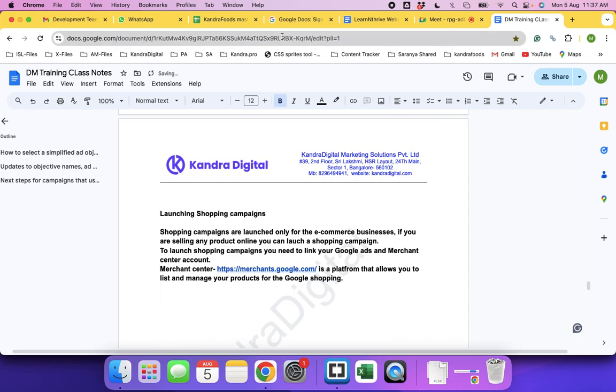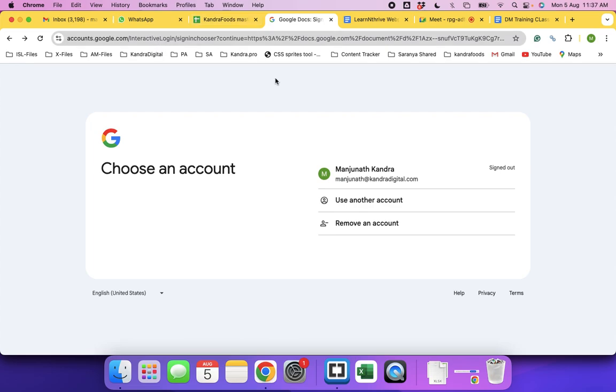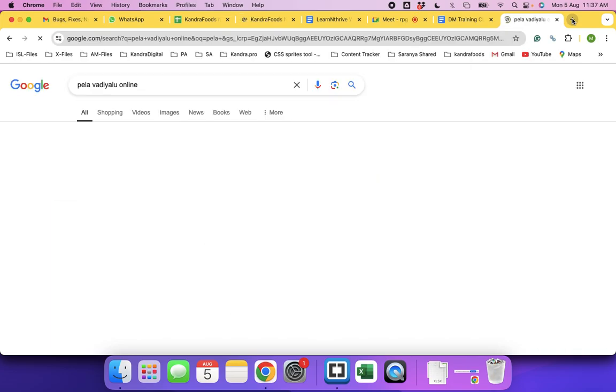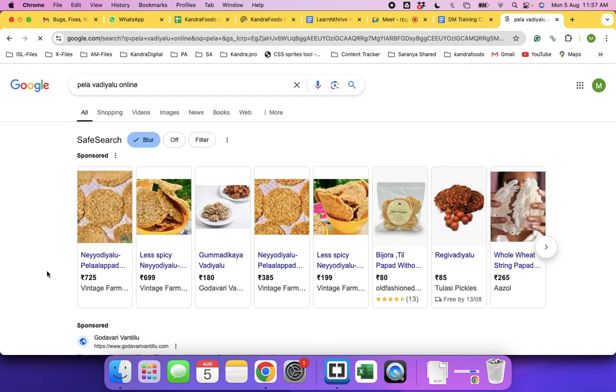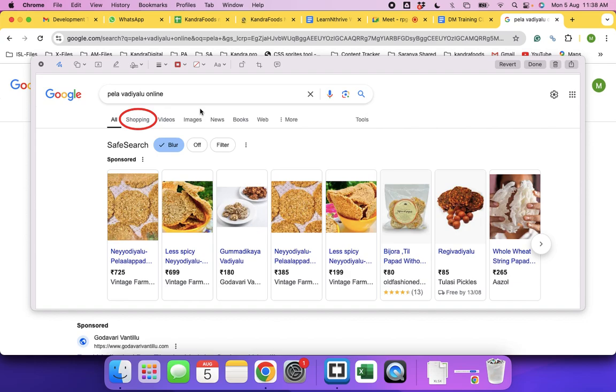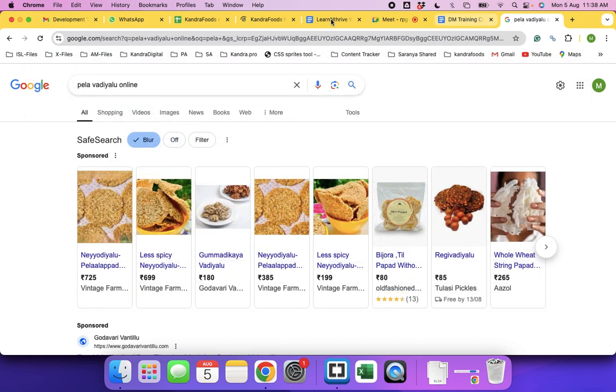Okay, so Google Shopping, how does it work? Mainly Google Shopping is here.